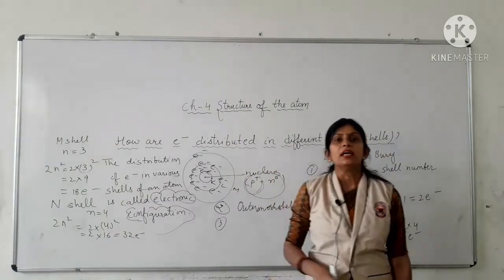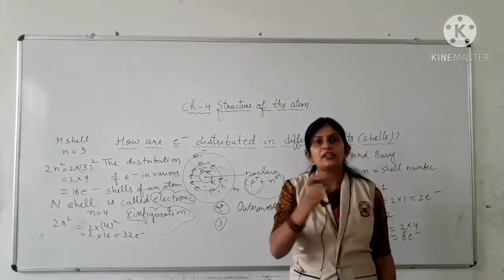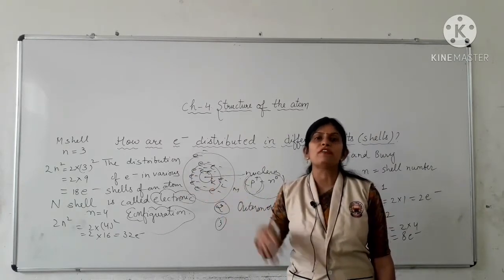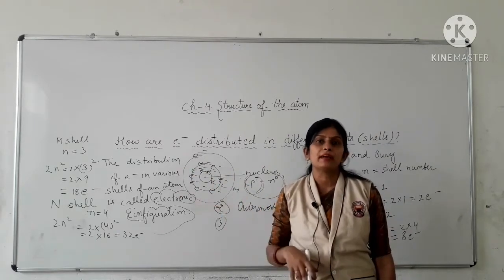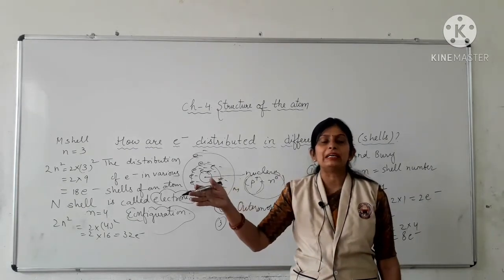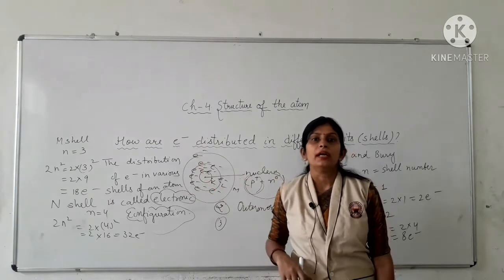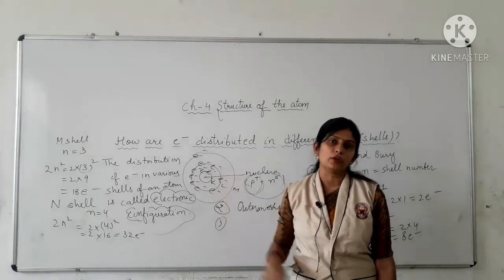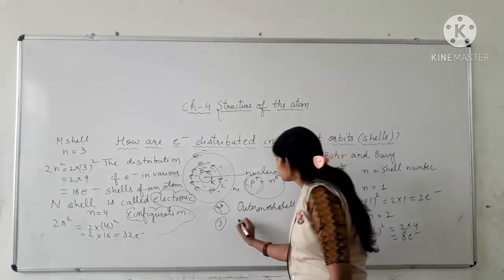It means electrons are distributed in shells or orbits of an atom in a stepwise manner. First, electrons fill the inner shells completely, then they can move to outer shells if there are more electrons. Okay?